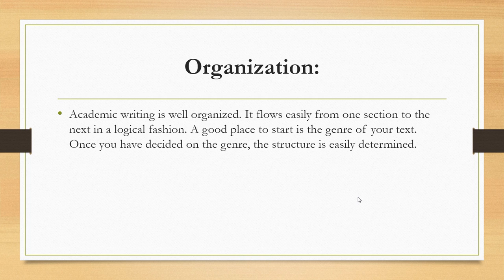What is the genre, what is the quality, what is the type of thing you are going to write about. That is the genre. Once you have decided on the genre, the structure is easily determined.